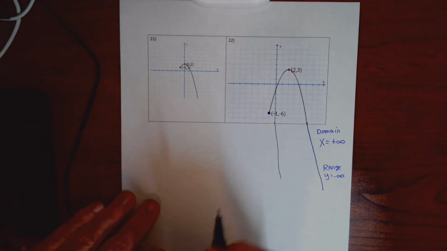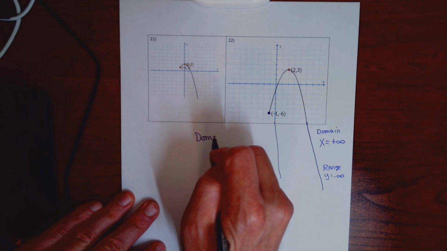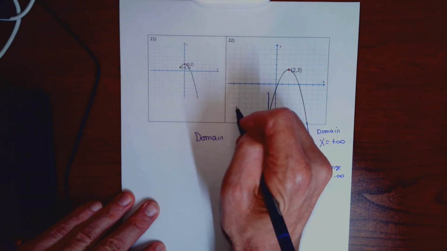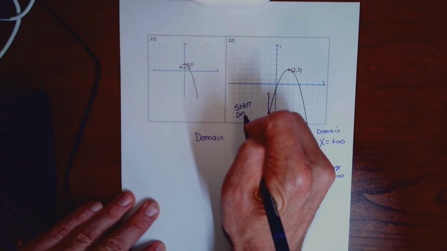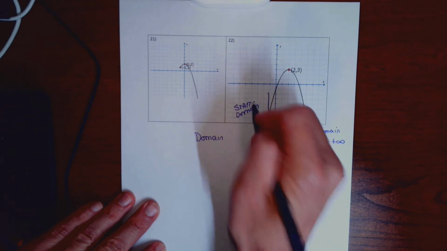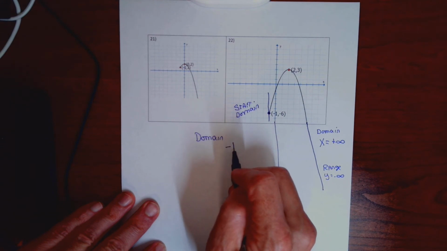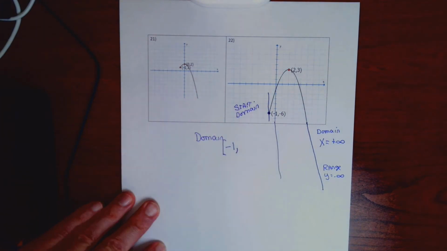So now that I have that in my mind, I'm going to start to write the domain. For the start of my domain, I need the left edge. And the left edge goes through the point -1, 6. The number part of it is going to be -1, and it's going to be square bracketed because that point's marked with a solid circle.